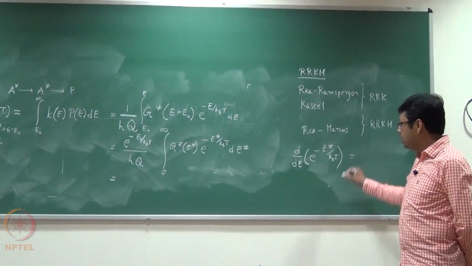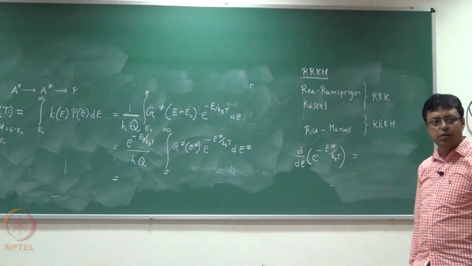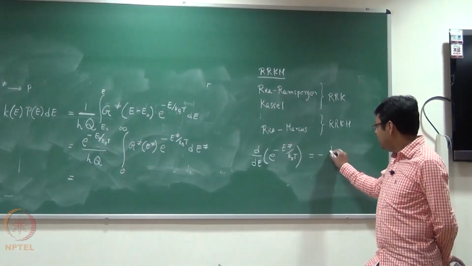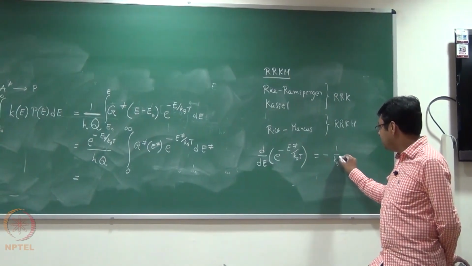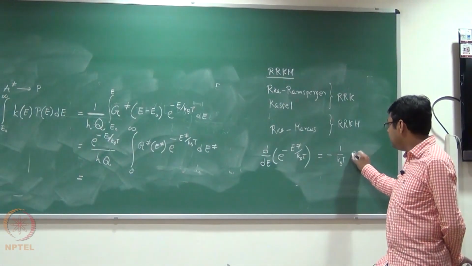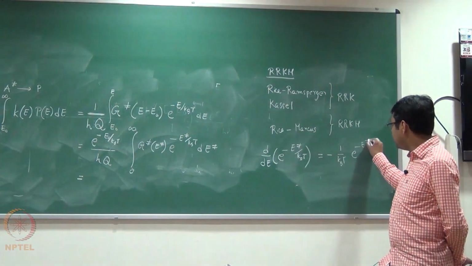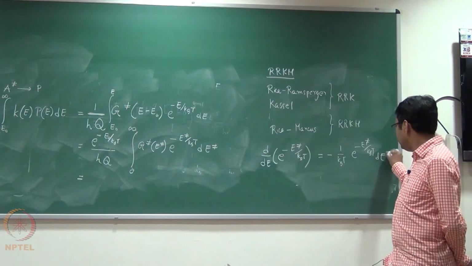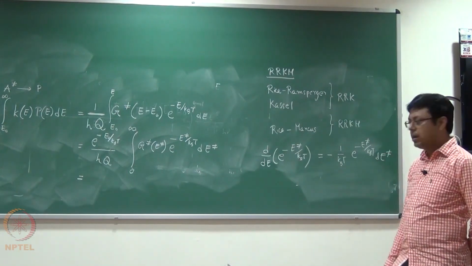So what is this one? If I do it, this will be minus 1 over kBT, and I have e to the power minus E dagger by kBT, dE dagger.